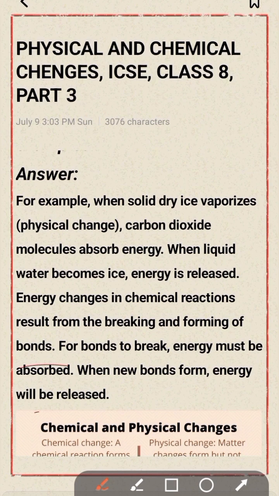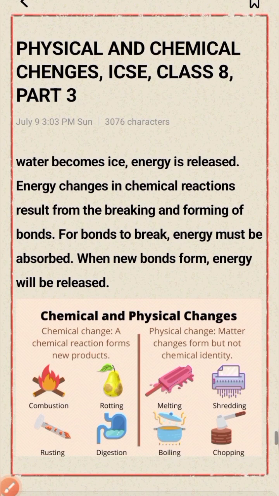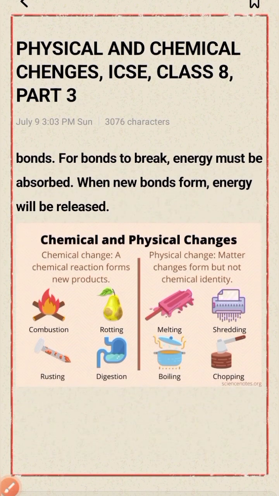When new bonds form, energy is released. Okay, show the examples of physical and chemical changes. Chemical change examples: rusting, digestion, rotting, combustion. Physical change examples: melting, boiling, chopping, etc.